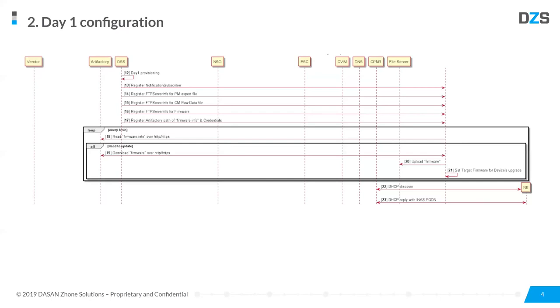And then every flow switch also uploads its initial configuration, which we call the CM raw data file, configuration management raw data file. So to let it push to the FTP server, this information is also required.